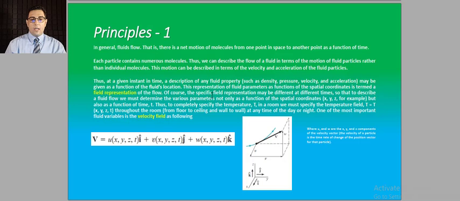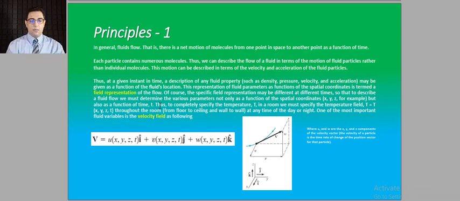Of course, the specific field representation may be different at different times, so to describe a fluid flow, we must determine the various parameters, not only as a function of the spatial coordinates x, y, z, but also as a function of time. So we are dealing with 4 parameters. 3 of them are regarded as coordinates, and the 4th is time.